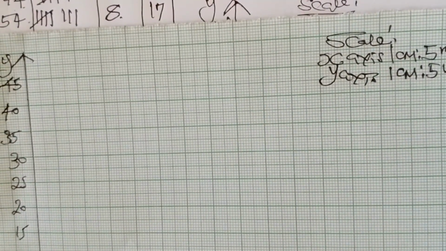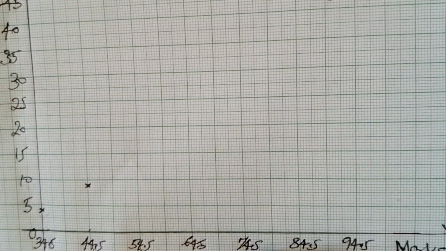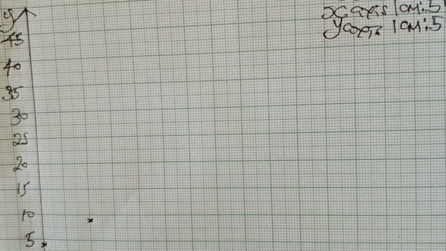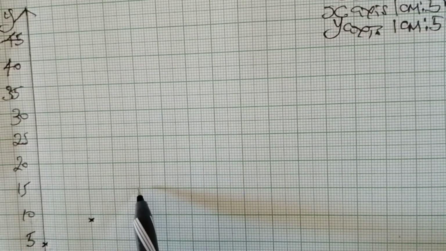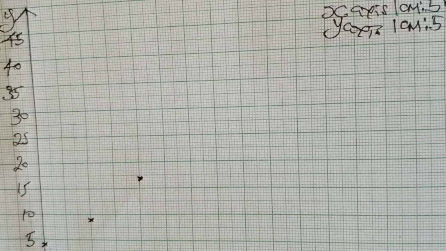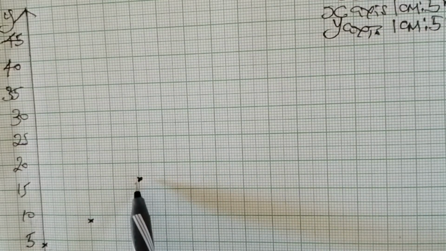The next value, 54.5, plot it at 17, not 8. 54.5, it will be at 17. 17 will be 4 small squares above 15, or 1 small square just below 17.5.